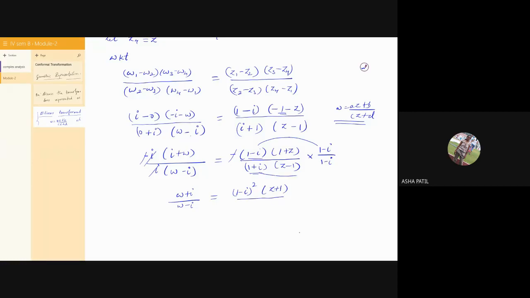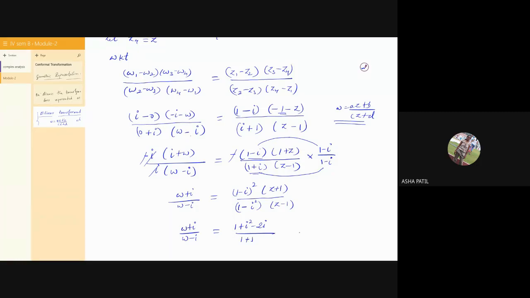Now this 1 plus I to 1 minus I, it is 1 minus I square. A plus B to A minus B, you have A square minus B square. So (W plus I) divided by (W minus I), 1 plus I whole square, I'll just write it, 1 plus I square minus 2I divided by 1. I square is minus 1.